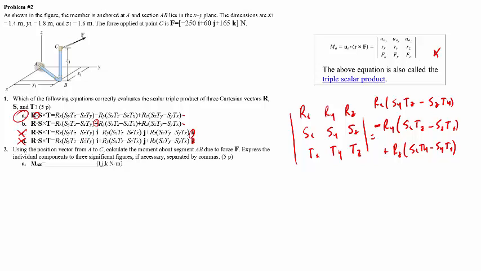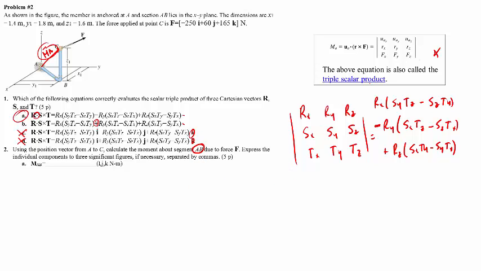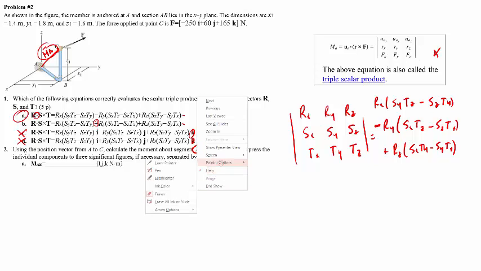So now the next question is, using the position vector from A to C, calculate the moment about segment AB. So I'm telling you which projection I want. Okay, so I'm going to calculate the vector. This would be like the moment about point A, right? I'm going to calculate this, but then look at the projection. So this puts together everything that we have learned.